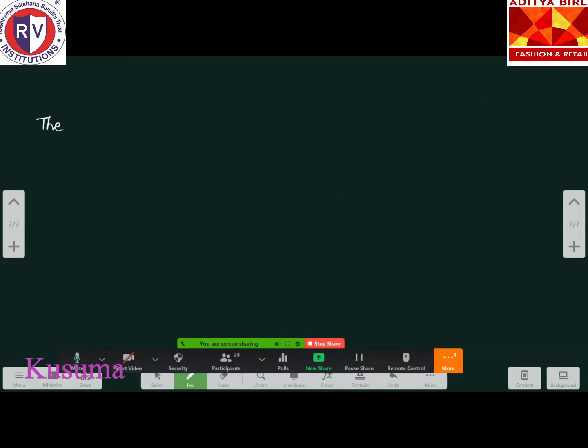The value of sine of two into cos inverse root 5 by 3 is: option A is root 5 by 3.